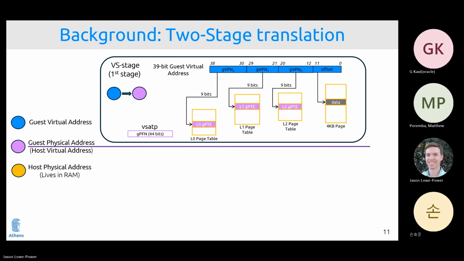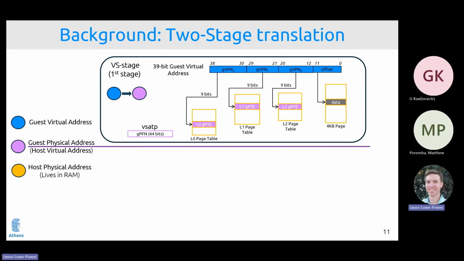Every address that's purple here is a guest physical address. The guest thinks that it has a physical address at that point. But actually, from the host point of view, this is again a virtual address. So what this stage is here for is to turn every purple address into an actual physical address for the host, which is yellow.